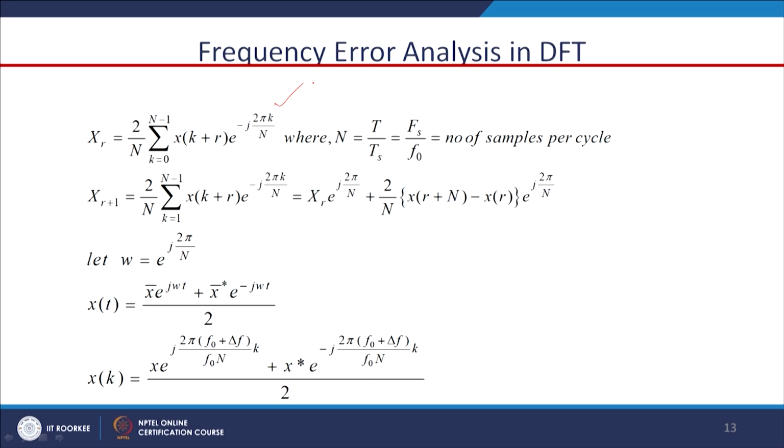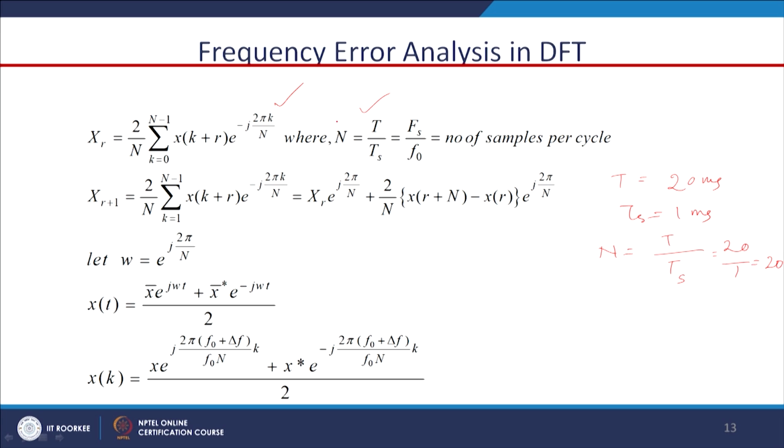Keeping this in mind, this x r can be written in this manner, where capital N can be written as T divided by Ts. This is our formula, because T is 20 milliseconds and Ts is 1 millisecond. So how do we get the number of samples? The relationship between capital T and Ts is 20 divided by 1, that is 20.